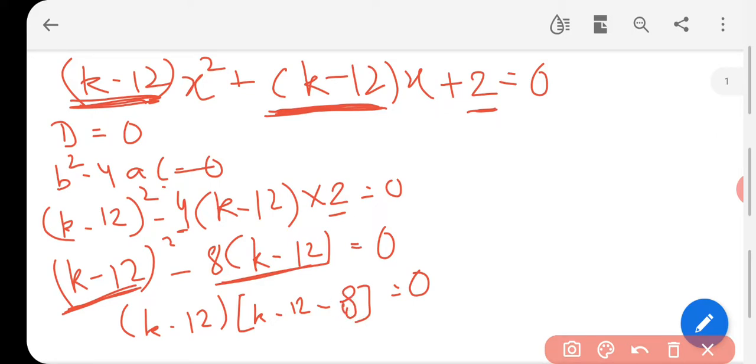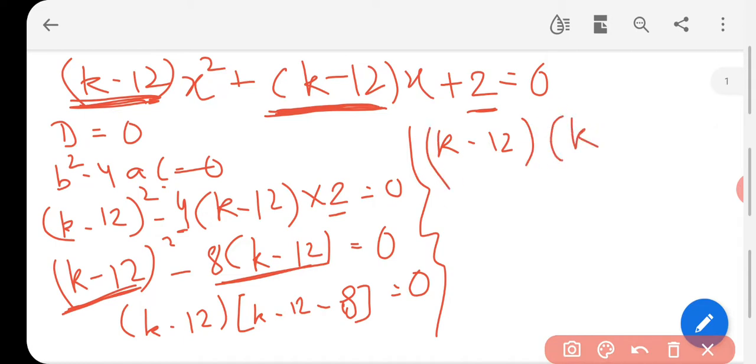Yes or no? Now we'll solve it further. So it is (k minus 12), and in the other bracket k minus 12 minus 8, which is k minus 20, equal to 0. Now we have two linear equations, k minus 12 and k minus 20.